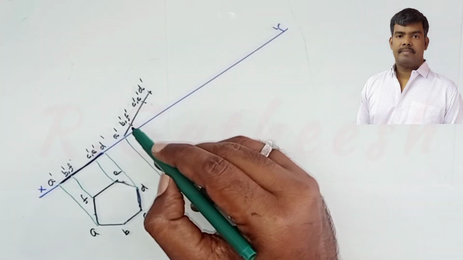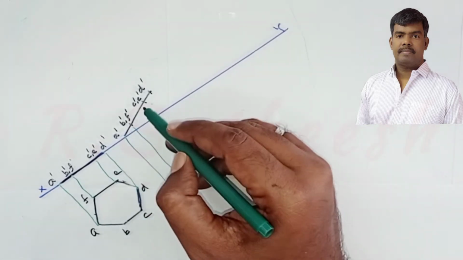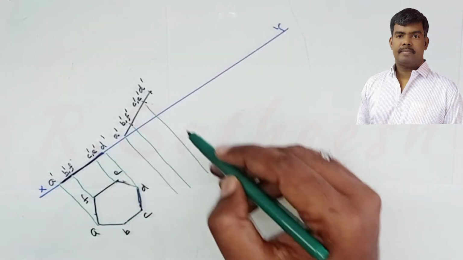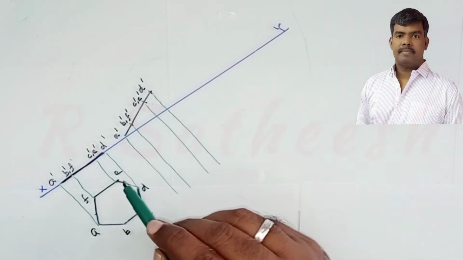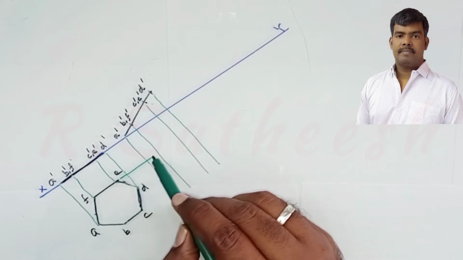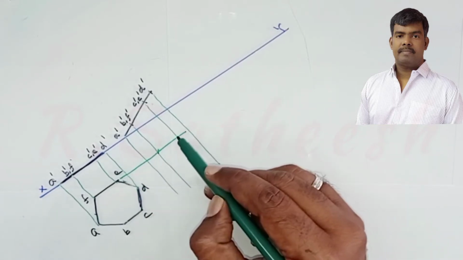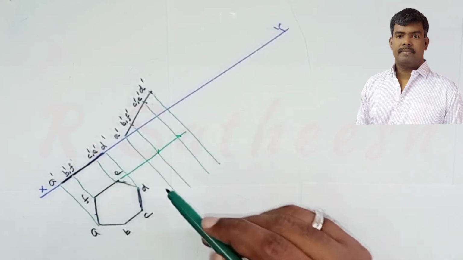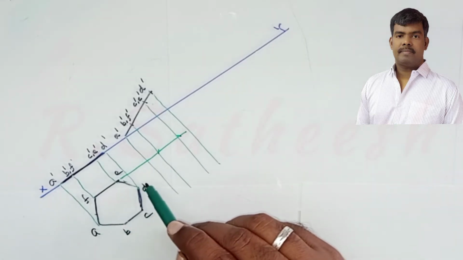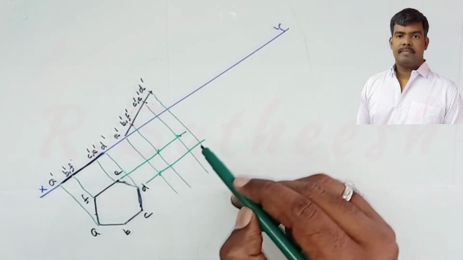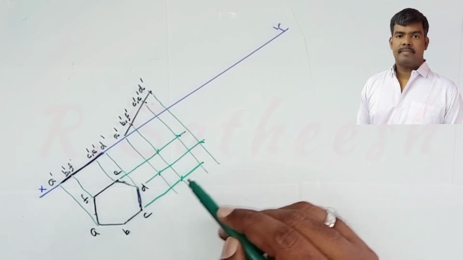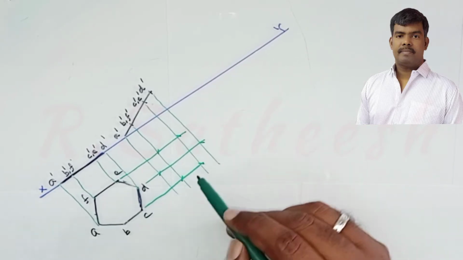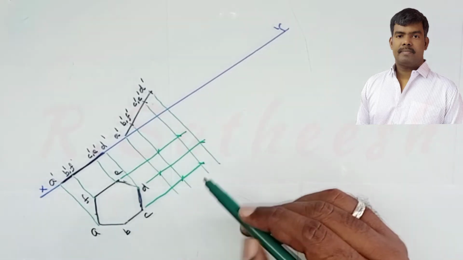After that you draw the projection lines from A, from B and F, from C and E, from D. Similarly from the first diagram: F versus F, E versus E. Next A and D, then B and C, because B versus B, C versus C, like this.